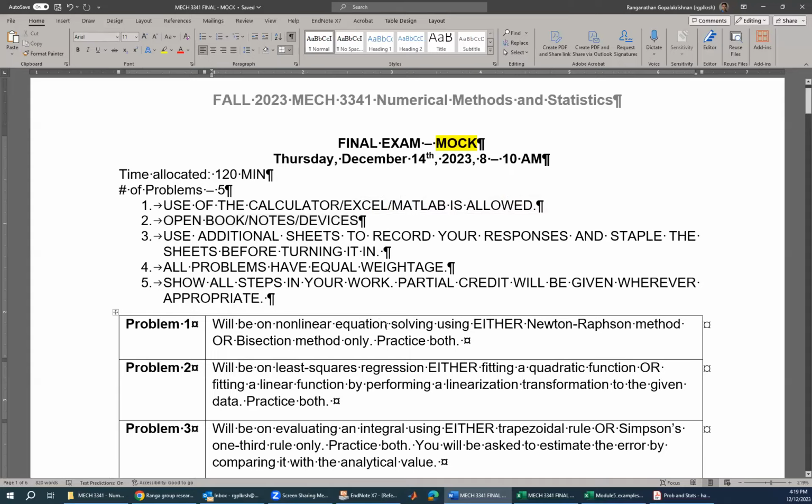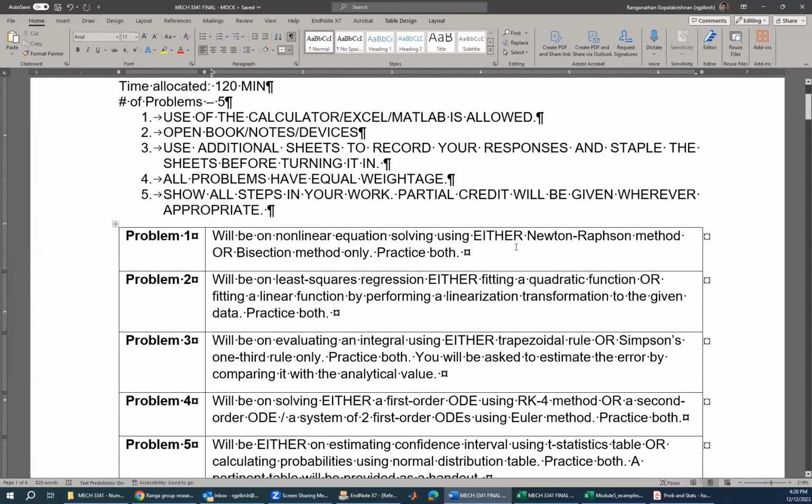The first problem will be a nonlinear equation with either Newton-Raphson or bisection method. Out of the many methods we saw, I'm just asking 2.